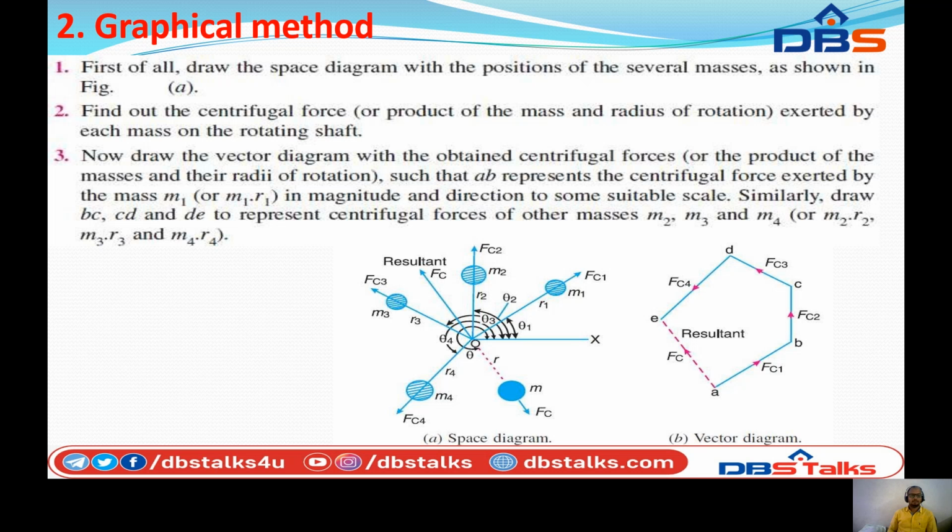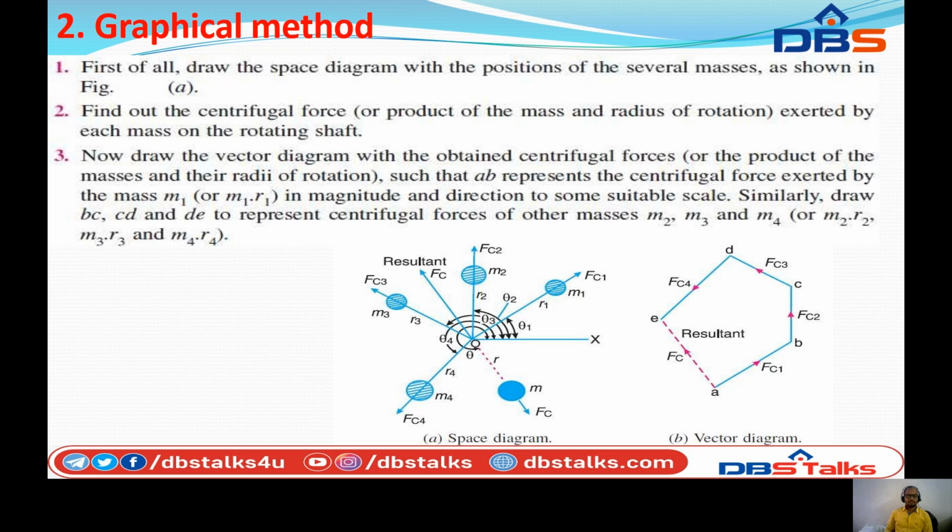With the graphical method, the magnitude and position of the balancing masses may also be obtained. Firstly, we need to draw the space diagram with the positions of the several masses. So this is a space diagram. Next, find the centrifugal forces, that is the product of mass and radius of rotation exerted by each mass.